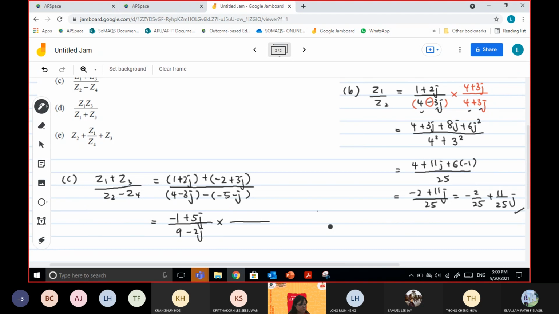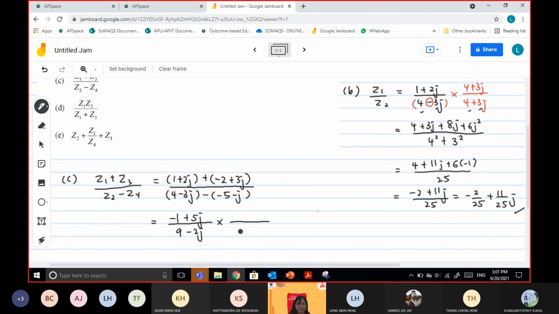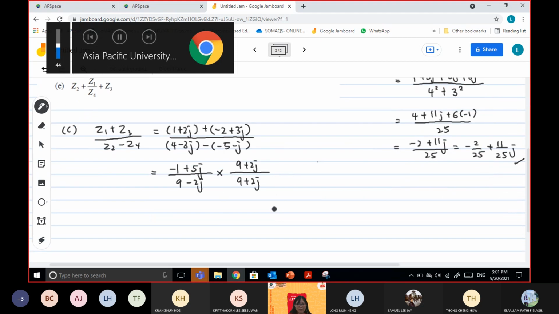Okay, no response from Kai Feng. Sutesh, what should I multiply? 9 plus 2j. Okay, thank you. Quite soft. 9 plus 2j, yeah. Then let's move on.